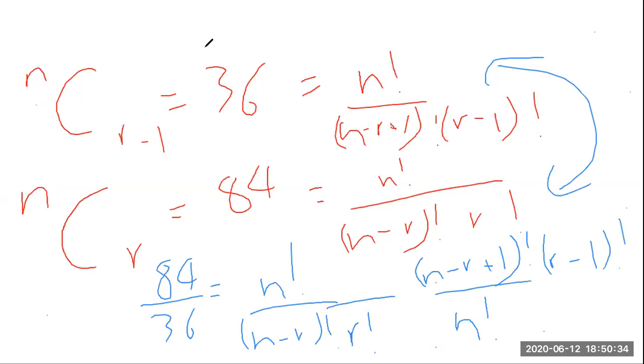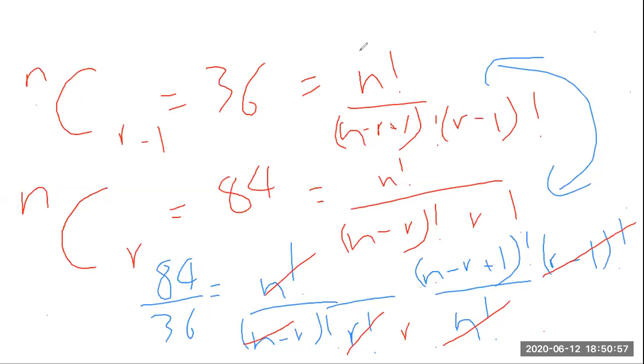We can see that a lot of stuff is going to get cancelled. Over here, r factorial is just r times r minus 1 factorial, so that we can cancel off. And then this is just one more than the above again.